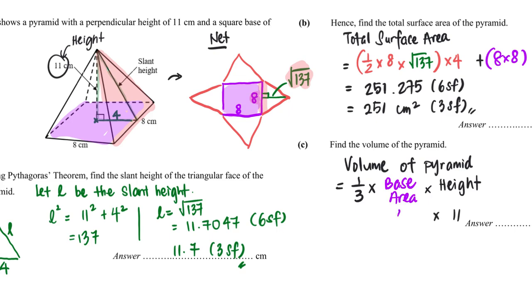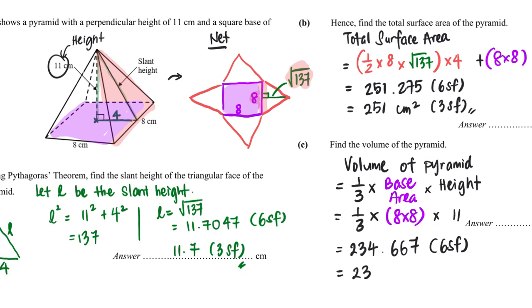Base area is 8 times 8. I still have my 1/3. And this will give me a value of 234.667. 6 significant figures followed by 3 sig fig, 235.